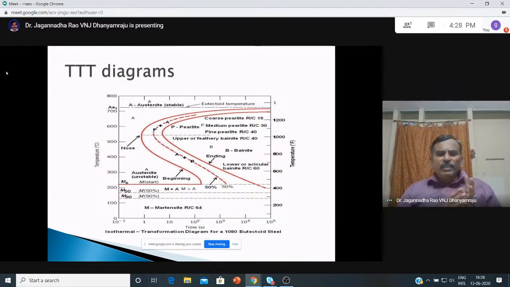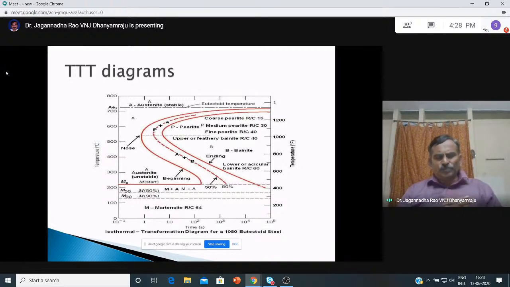See, earlier we were dealing with temperature and composition. There are only two variables, temperature and composition. And here time also comes into the picture. And we want to see the transformation of steel with reference to time.